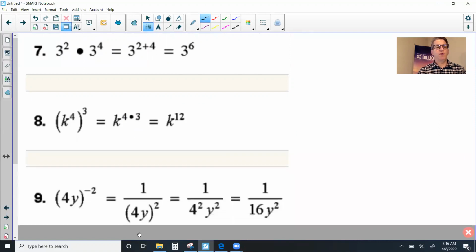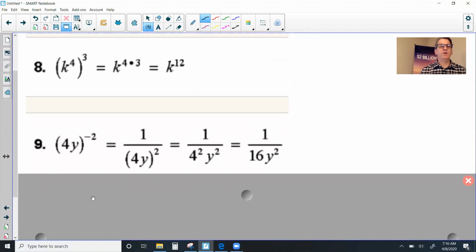Number 9, 4 times y, all of it raised to the -2 power. So you got that negative exponent. So you want to attack that first, and that's going to be 1 over 4y raised to the 2nd, which is equal to, now what we have here is we have a product.